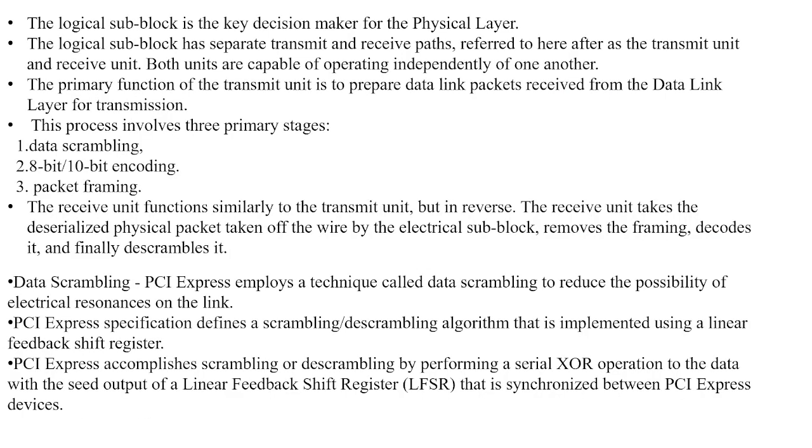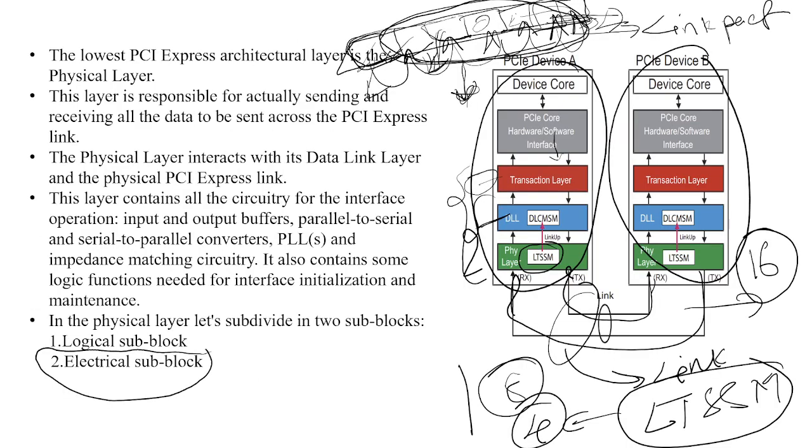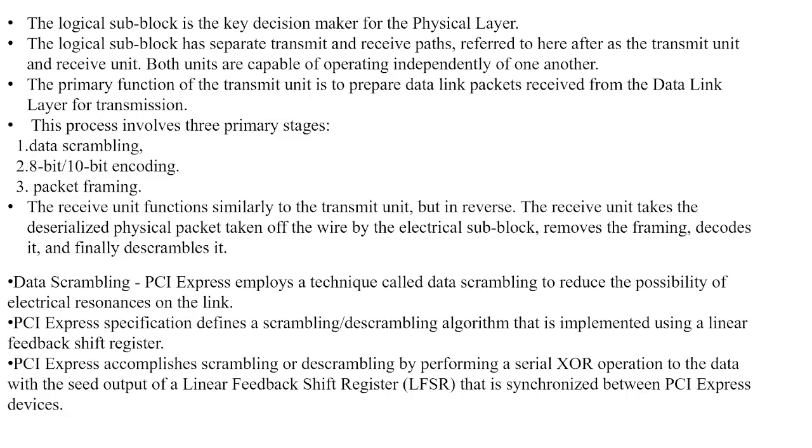Now we'll see that in this VLSI engine we focus more on the logical subblock. The logical subblock is the block which makes up the physical layer. It refers to the transmitter unit, and the receiver unit is also present.